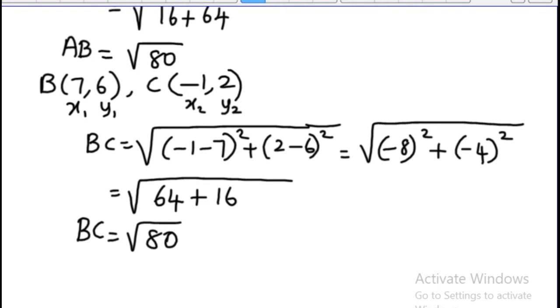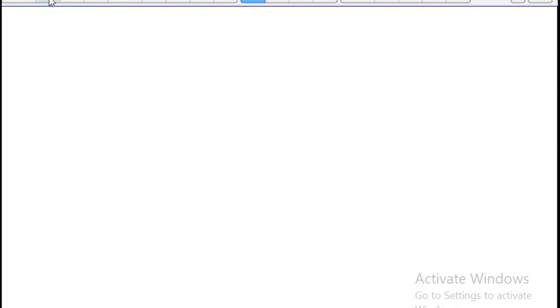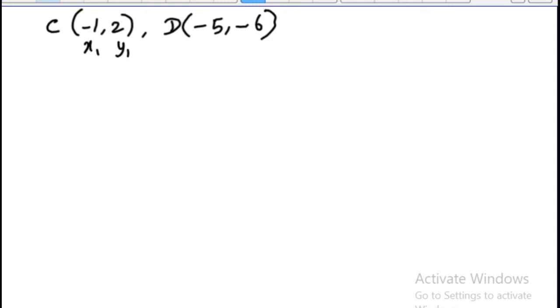Then next we want to find two more sides. Then CD. C is the point minus 1 comma 2 and D is the point minus 5 comma minus 6. This is x1, y1 and x2, y2.